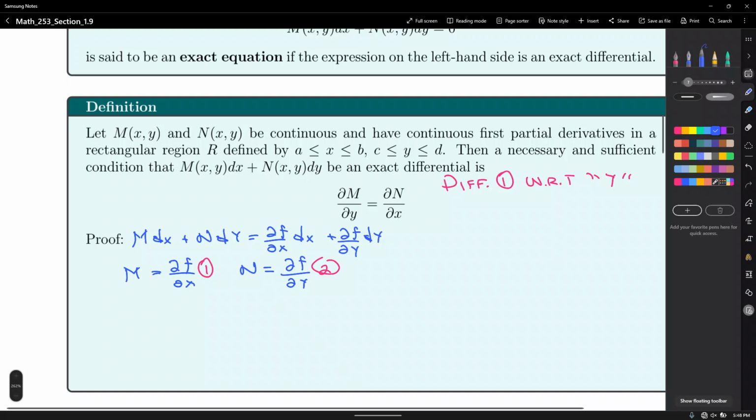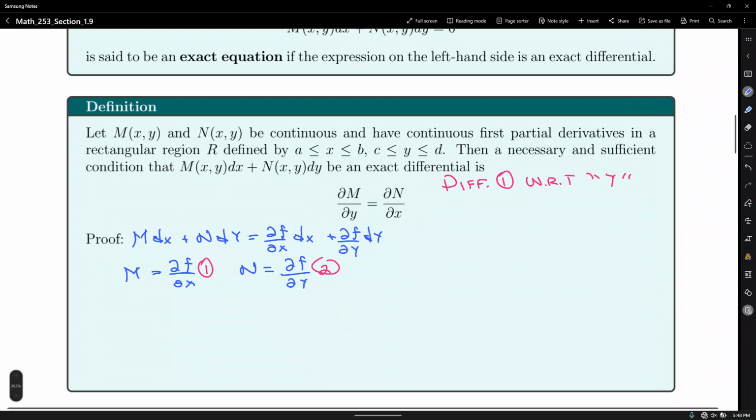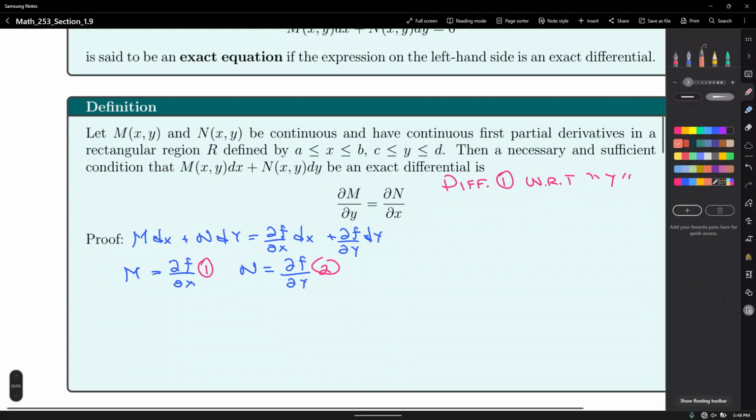So what is that going to be? Number 1: the partial with respect to y of M equals the partial with respect to y of the partial of f with respect to x.